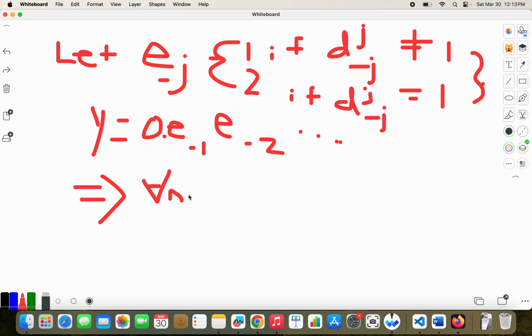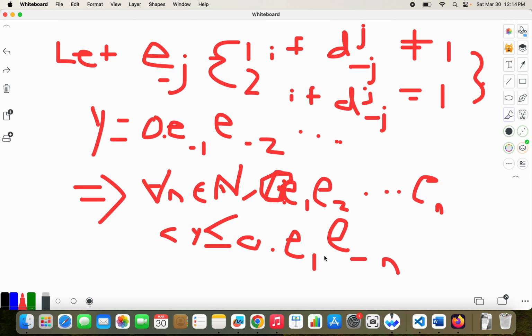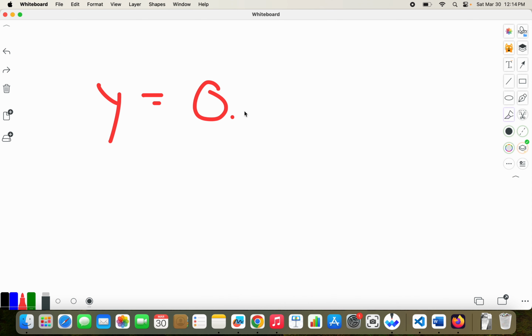So this implies that for all n in the natural numbers, 0.E1 E2 ... En is less than y, which is less than or equal to 0.E1 E2 ... En plus the tail, which then implies y equals 0.E1 E2 E3 is a unique representation form.